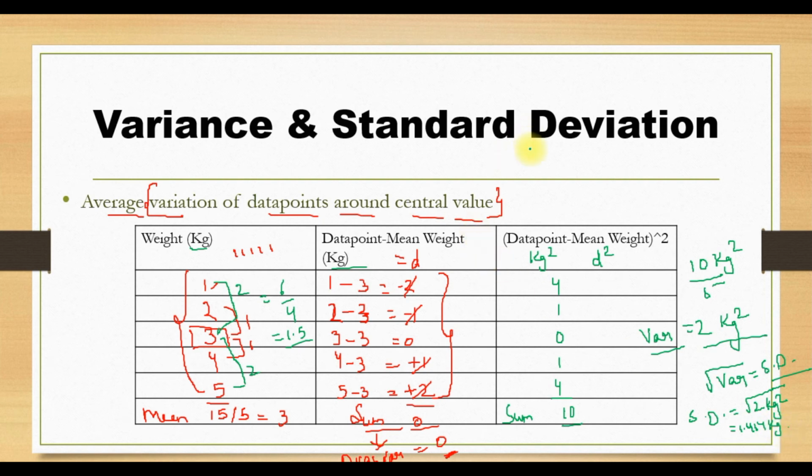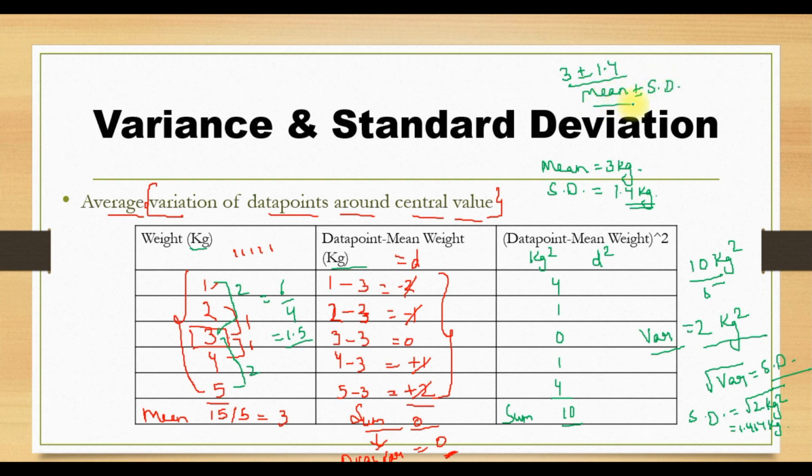Now it is easy to understand that the mean of this data is 3 kg and the variation, which we measured using standard deviation around the mean, is 1.4 kg. In most research papers, you might have seen 3 plus minus 1.4, something like that. That means we are talking about mean plus minus standard deviation.